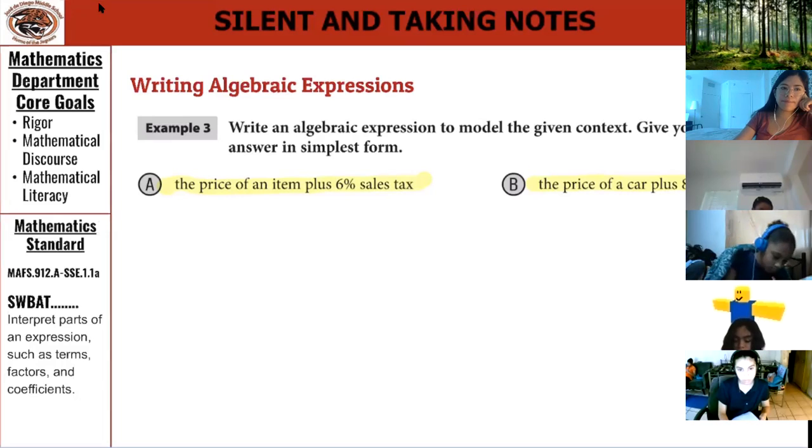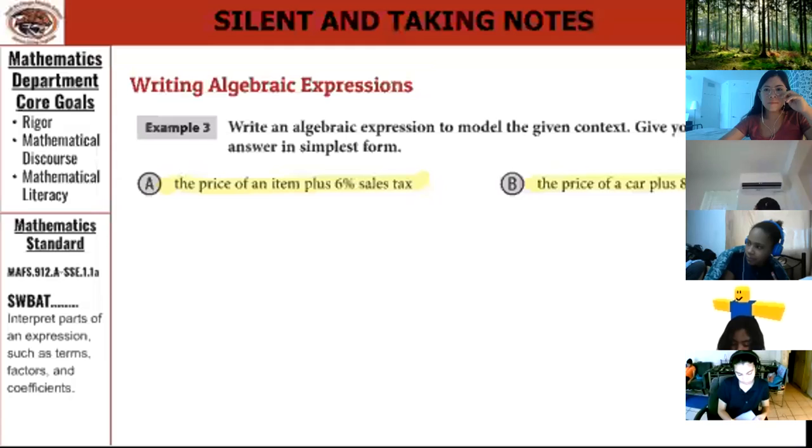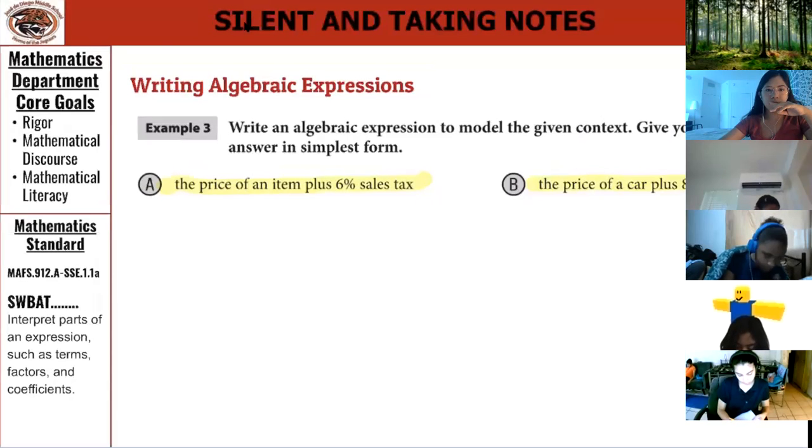Yeah, just A and B. Okay. Starting with letter A.